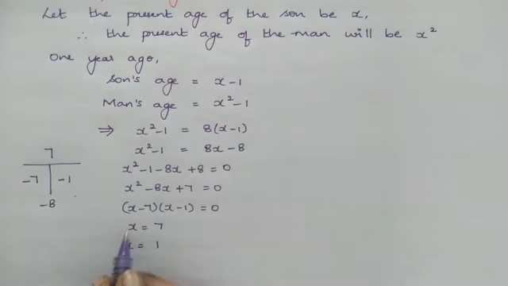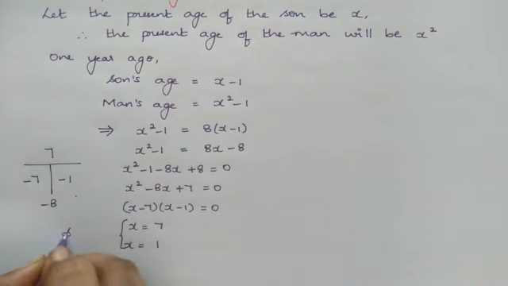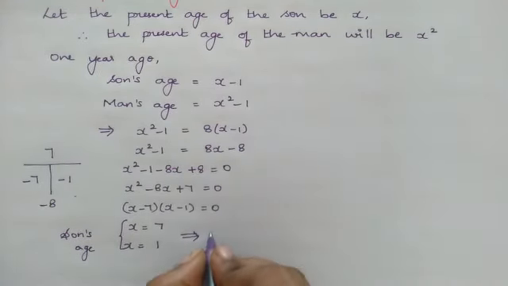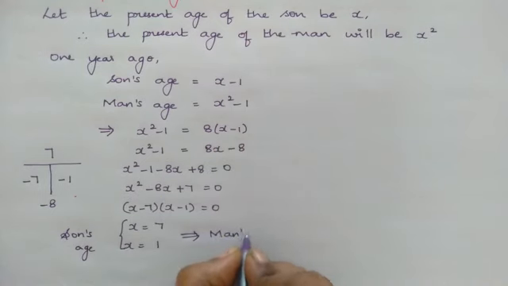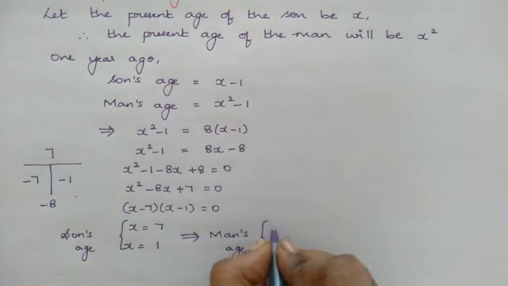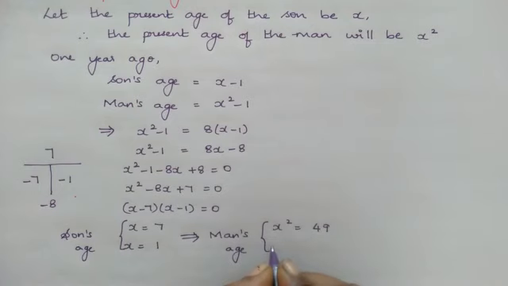x equal to 7 is positive, x equal to 1 is also positive. If this is going to be the son's age, suppose x is equal to 7, then the man's age will be x square, 7 square, 49. Or else the man's age, x square, can be 1.